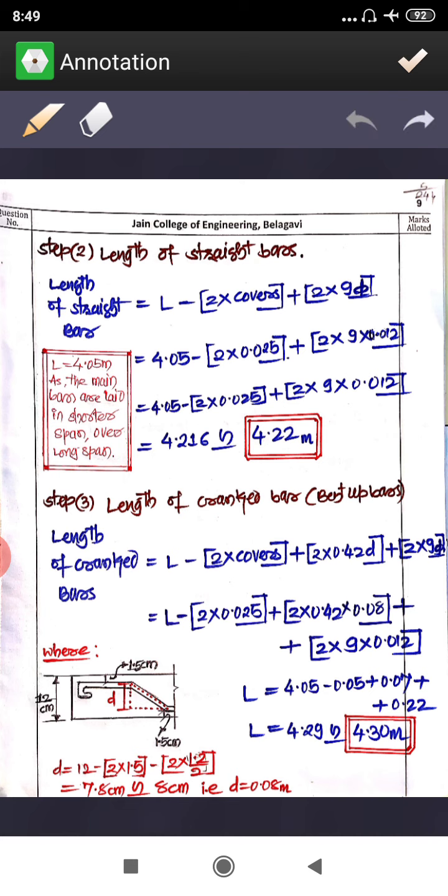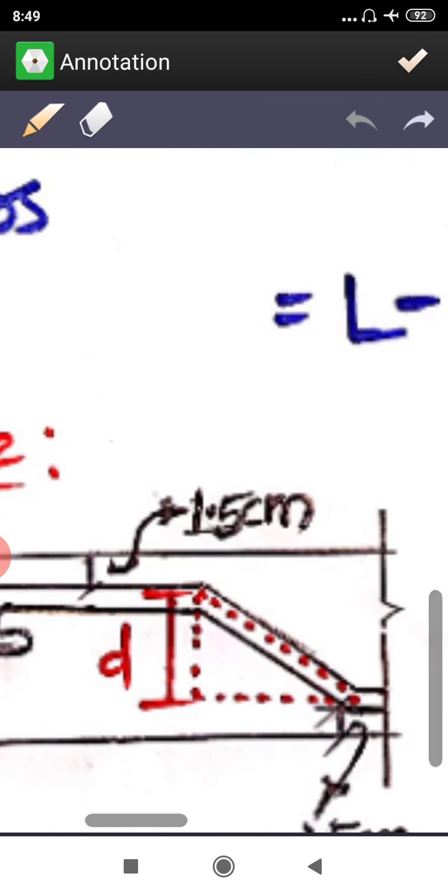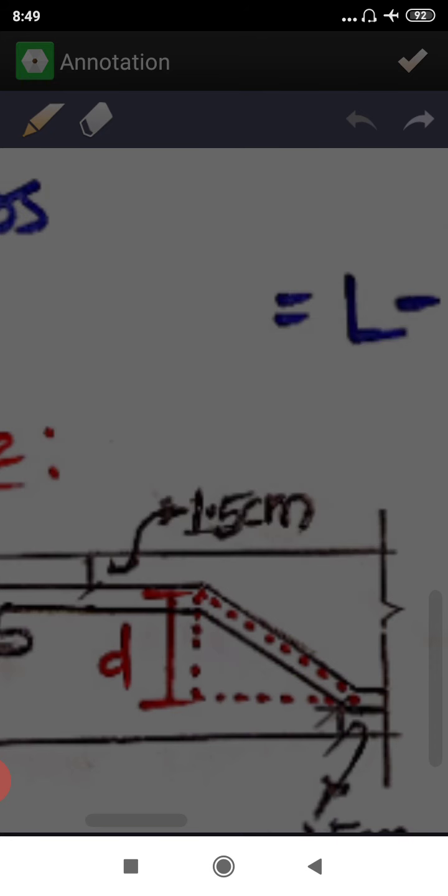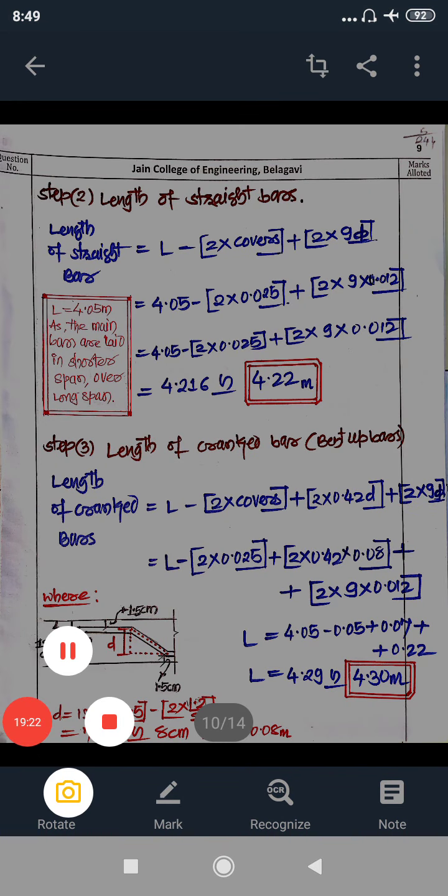In that you have to deduct 2 covers, this side and this side, then half of the bar on each side, since it is measured from the center of the bar, so you will get the small d there. That small d you are going to get here as 0.08.